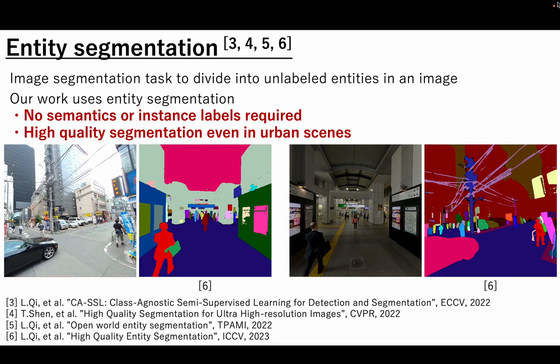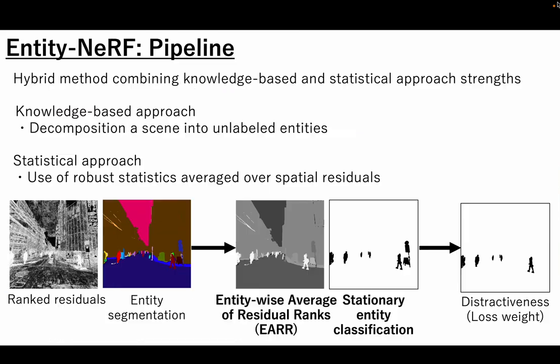Entity segmentation can enhance the quality of segmentation by eliminating the need for class labels, enabling high-quality segmentation even in urban scenes. Our Entity-NeRF is a hybrid method that combines the advantages of the knowledge-based approach, which divides scenes into unlabeled entities through entity segmentation, with the advantages of the statistical approach, which determines whether an object is moving by averaging spatial residuals.